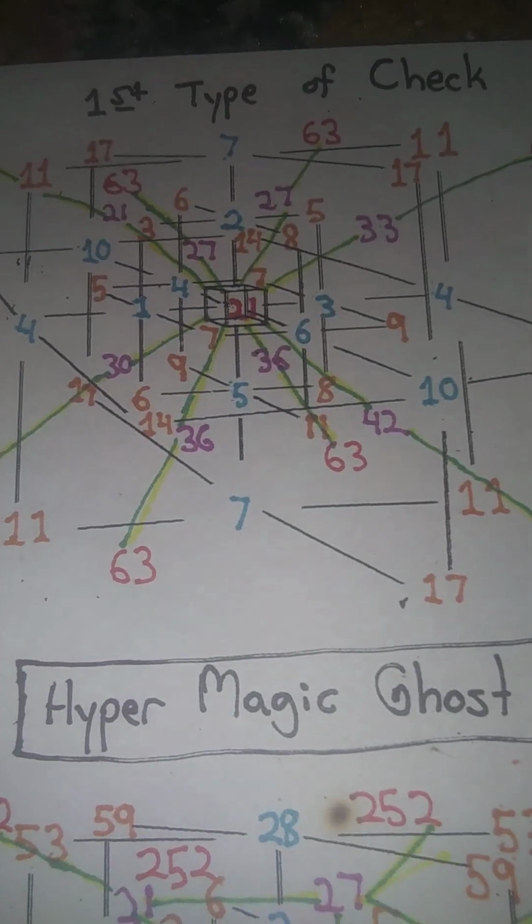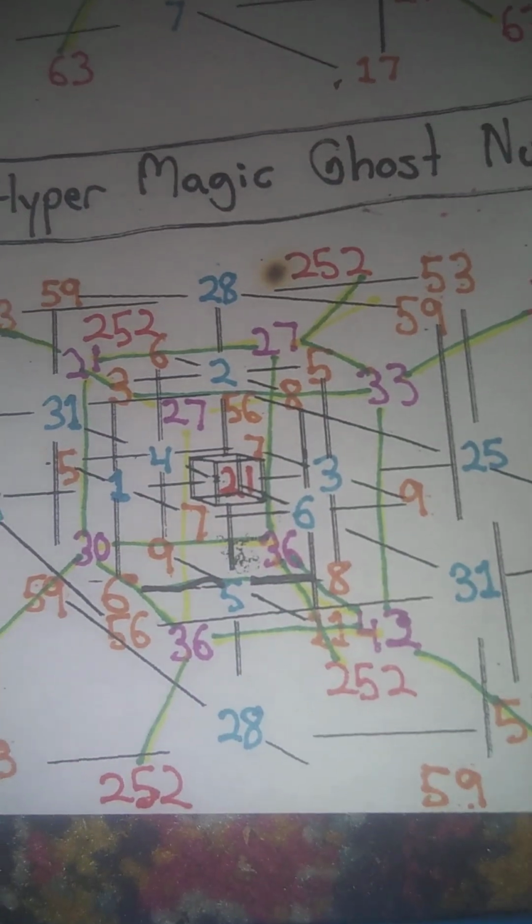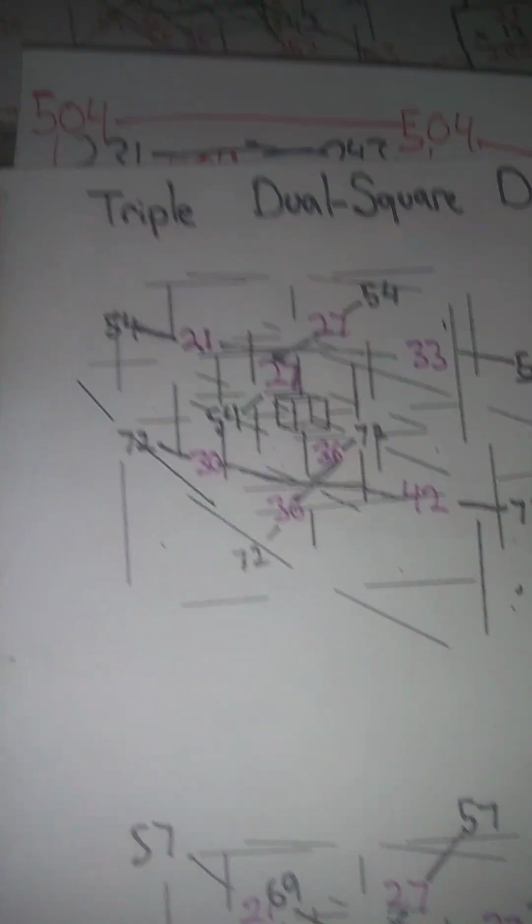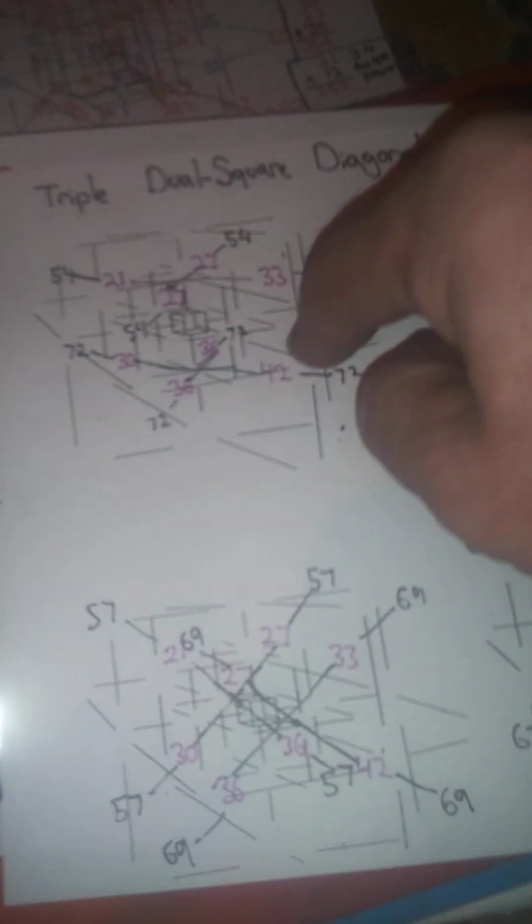It goes from a normal spatial diagonal to a circuitous box to the triple dual diagonal, flat diagonal, square diagonal pairs combined with the normal magic ghost number diagonals, and that creates a circuitous box using the faces and the interior.